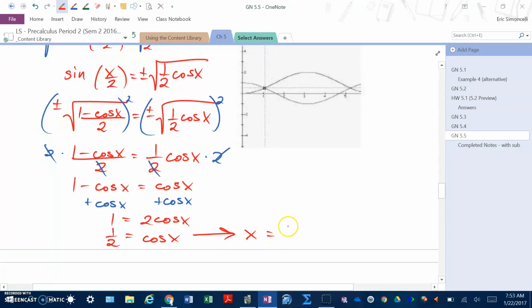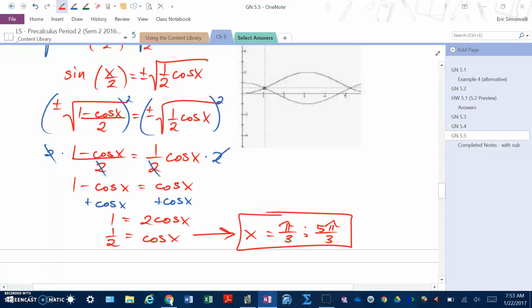Now we can algebraically justify that the 2 angles, and there will be 2, the 2 angles that have an x coordinate of 1/2 will be pi over 3 and 5 pi over 3. And those are my 2 answers algebraically.